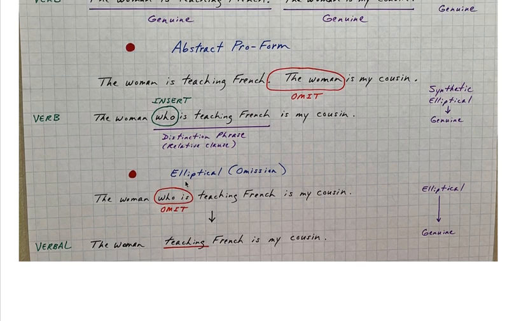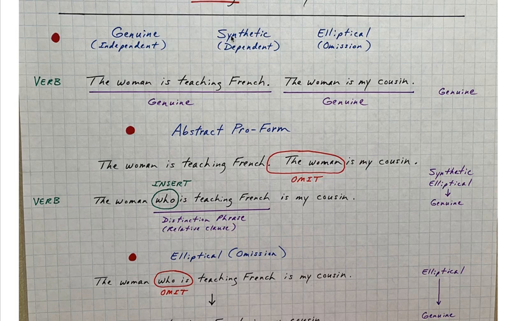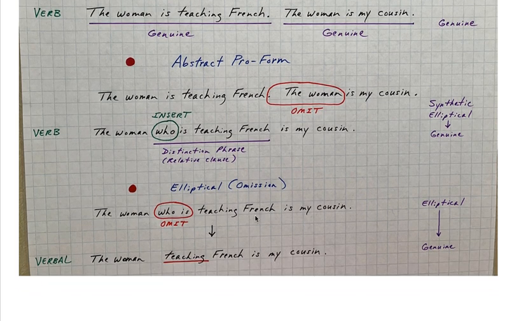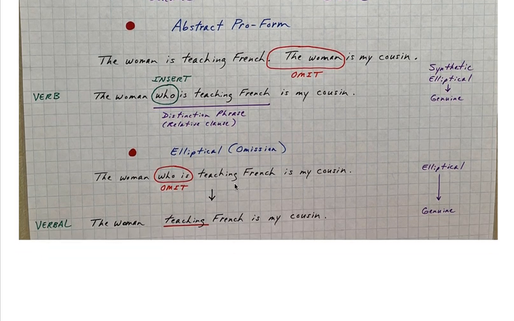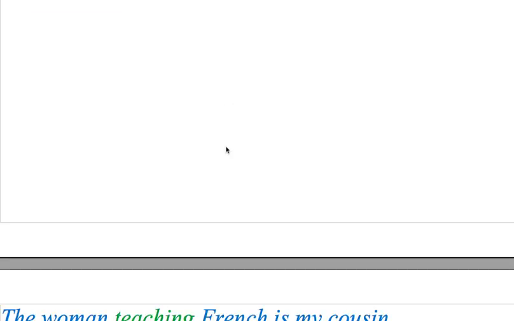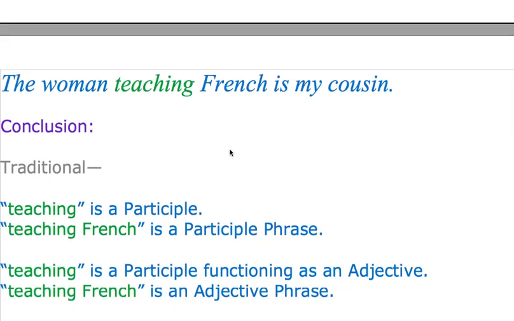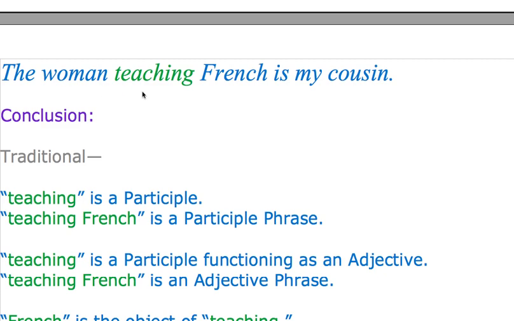My system here, with these concepts of genuine, synthetic, elliptical, abstract proform, and the omission process, tells you and shows you clearly how this can happen. It tells you how you get there. Right? So then finally, we have our original sentence. The woman teaching French is my cousin. When we hear it, we know what she means. But now structurally in the mind, from a grammar perspective, now we know what's going on.